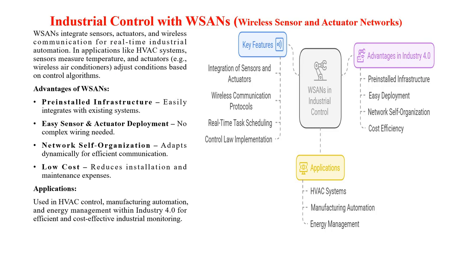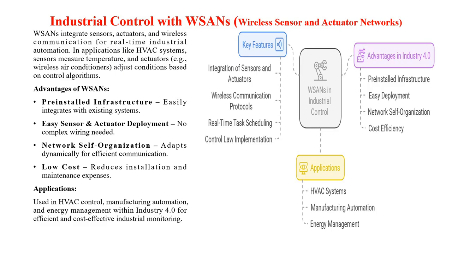Then you have network self-organization, that is the WSANs can dynamically adjust their communication paths and node connections for efficiency. And the last is low cost, which reduces the installation and maintenance expenses and eliminates the need for extensive wiring, etc.